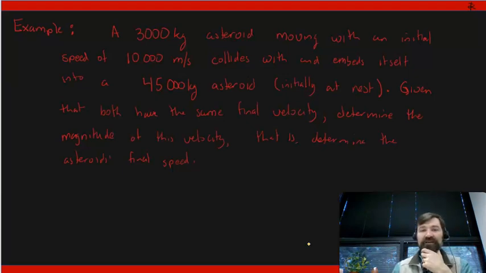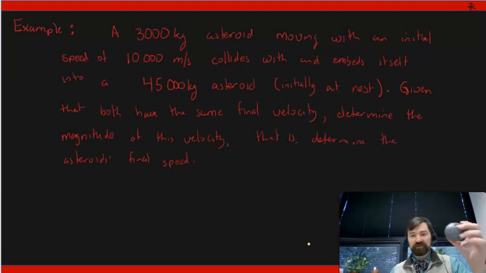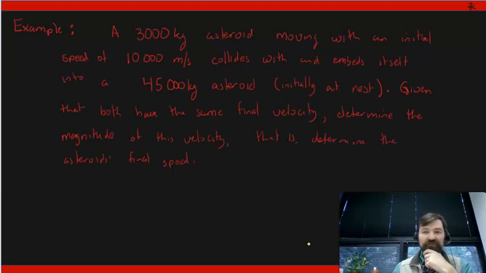And this smaller asteroid comes hurtling in at 10,000 meters per second and crashes into the bigger asteroid so that the two are embedded together and moving off in some direction. Given that they are stuck together and therefore have the same final velocity, we want to know the magnitude of that velocity. We don't know the direction because it's not specified in the problem, nor does it need to be. But we want to know the speed the two have together at the end.